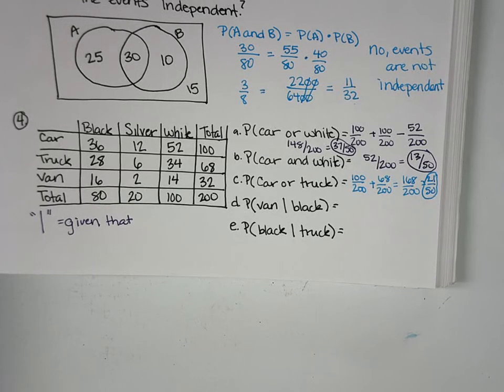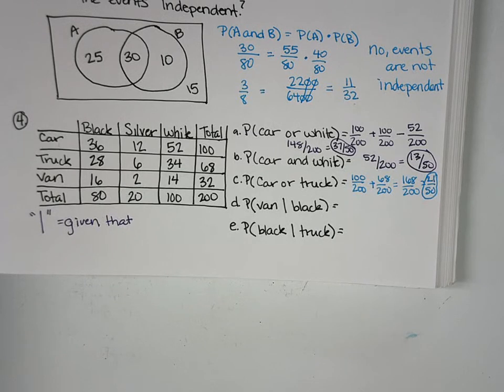Okay. How many of you have ever used a filter on online shopping? That given is your filter. So we're going to think of it that way. Imagine we're on CarMax or something. This is asking for what's the probability I get a van given that I'm only looking at black vehicles.